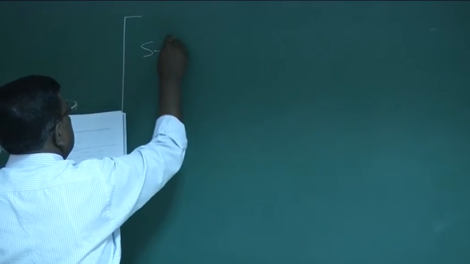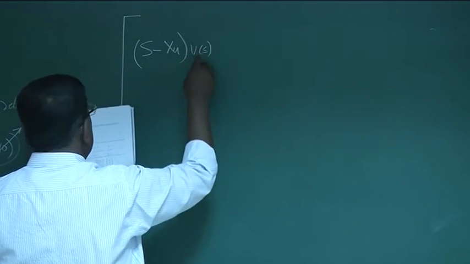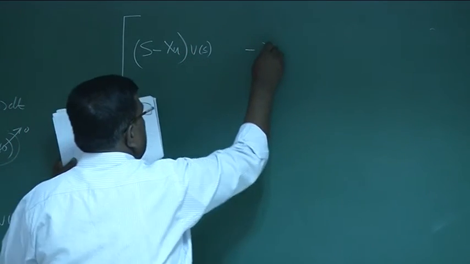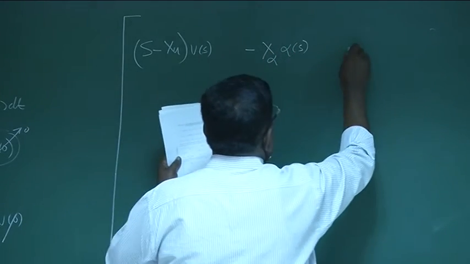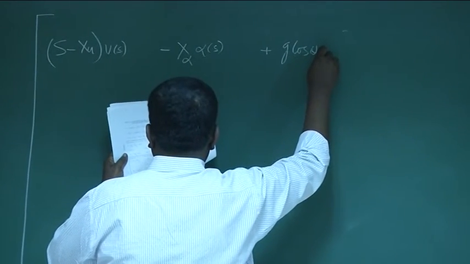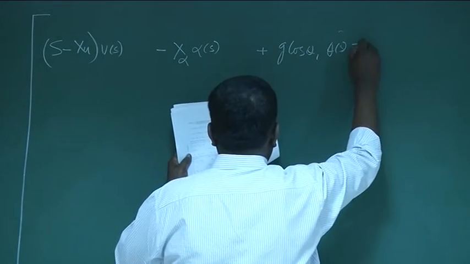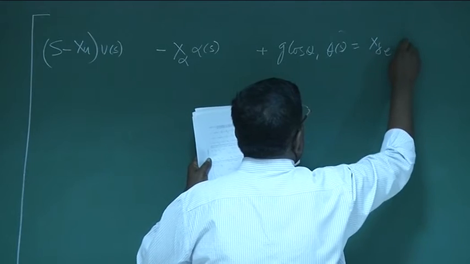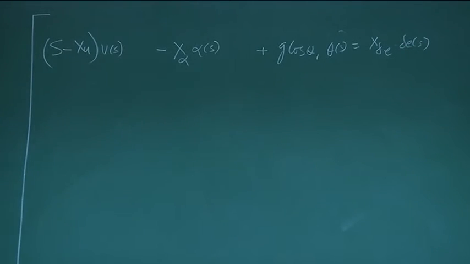You will get (s minus xu) into u of s, then minus x alpha into alpha of s plus g cos theta 1 into theta of s, right, equal to x delta e into delta e of s, right? We'll not directly write matrix form now. First we'll write the equations in standard form, then convert into matrix form.